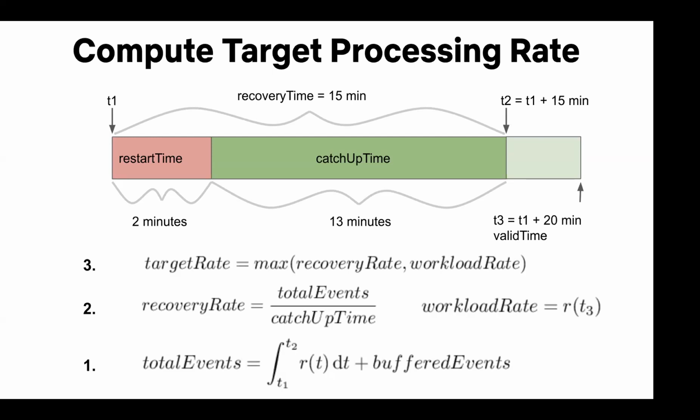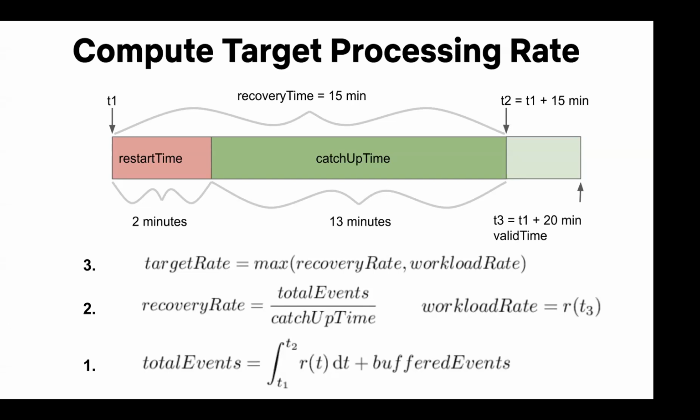Then there's the catch-up time, which is the amount of time we want it to take for the router to fully catch up with its backlog of events after a rescale action has been taken. Then there's the valid time, which is the amount of time we want a rescaling decision to be valid for.